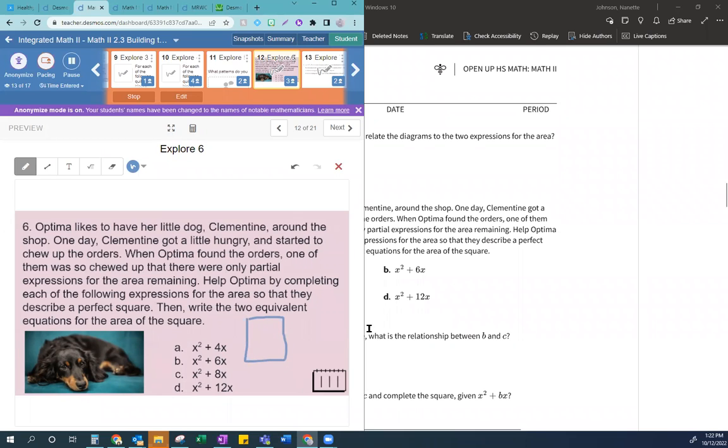So if you've been noticing, I've been placing x's here and across this way. So can you help me? Where should I put some of these x's? If there's 4 x's, how many x's do you want me to put on this side? Yeah, I need 2 of them.